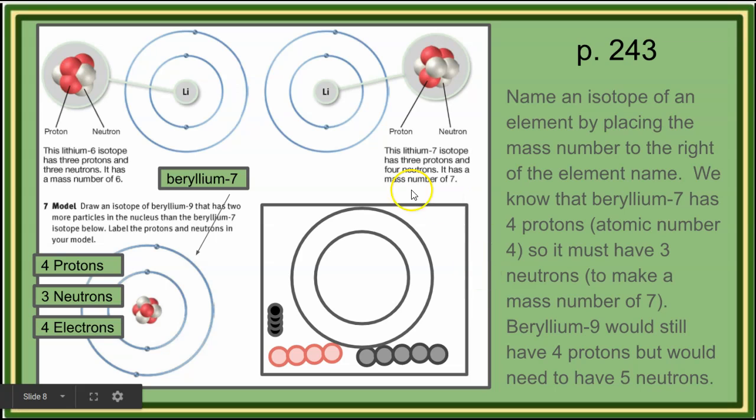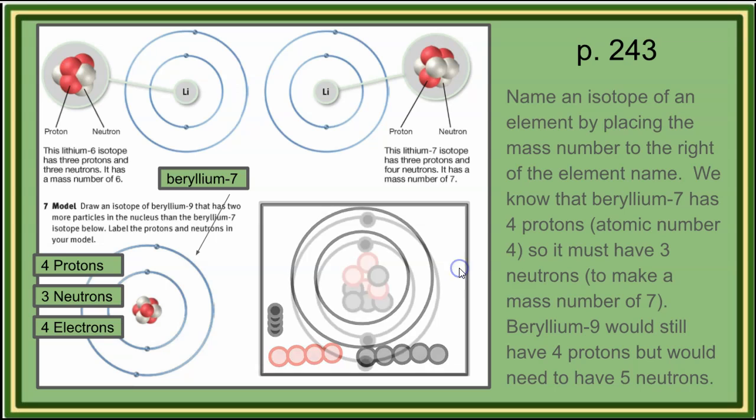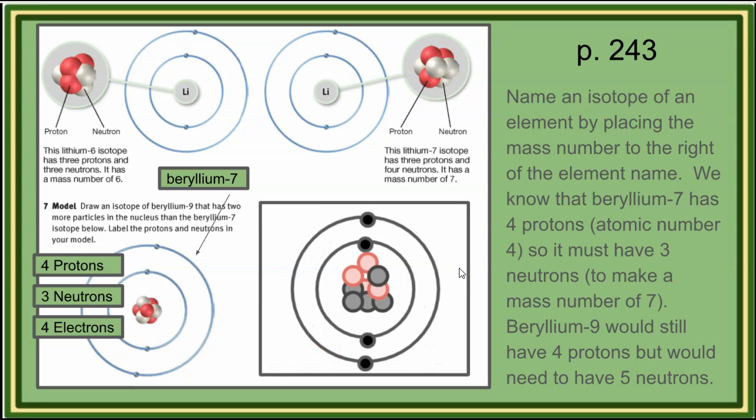So I have put a diagram together with 4 electrons, 4 protons, because the atomic number of beryllium is 4, and 5 neutrons, so that together they will add up to 9 as the mass number. And we'll put them in like this. Yours should be labeled protons, neutrons, and electrons.